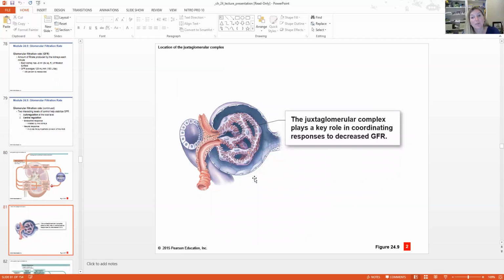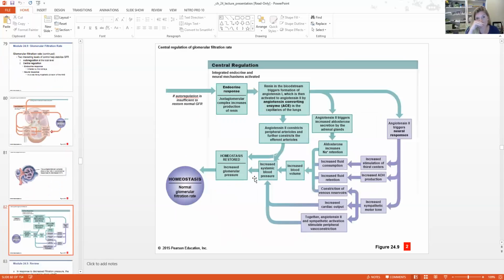Our JG apparatus, juxtaglomerular complex, is the key in regulating all of this, because that guy right at the efferent and afferent arterioles is going to be responsible for contracting and dilating our efferent arteriole, regulating this GFR rate.